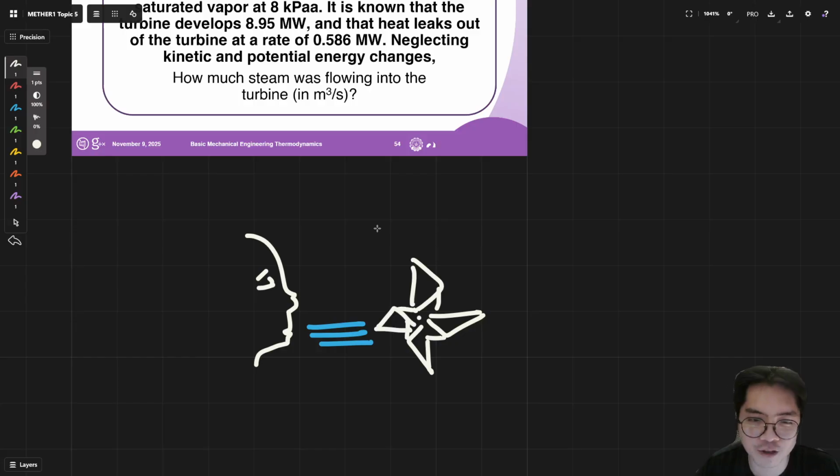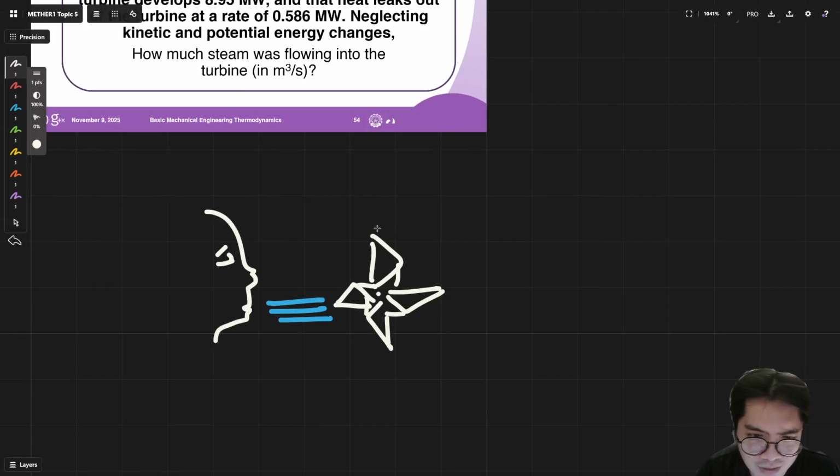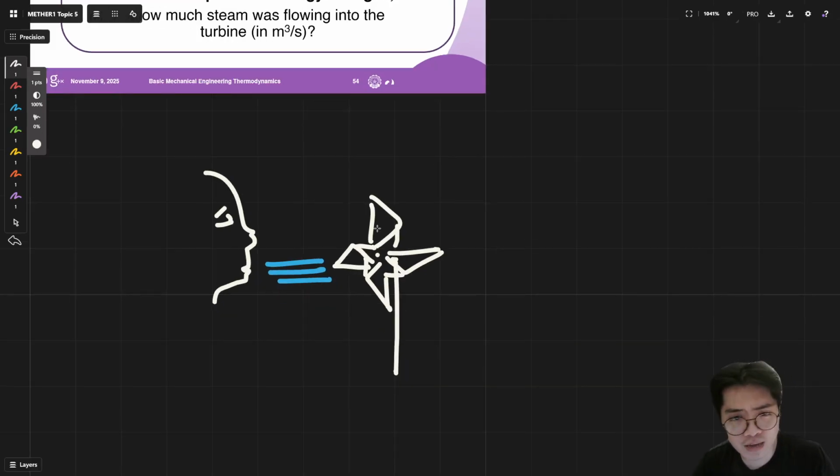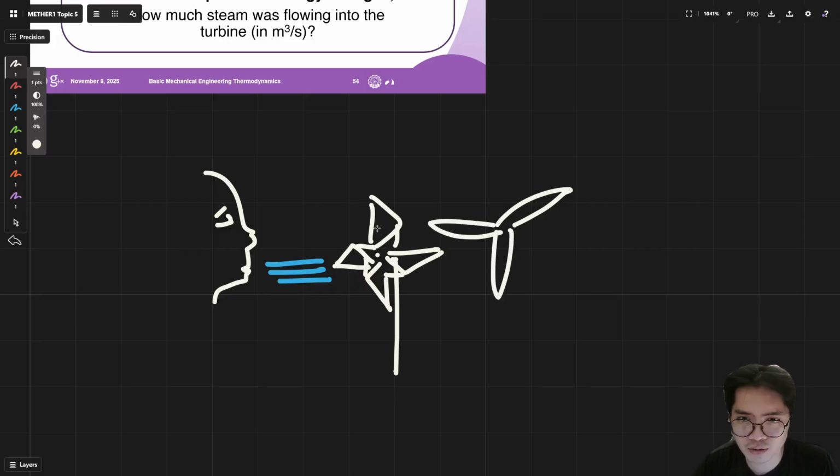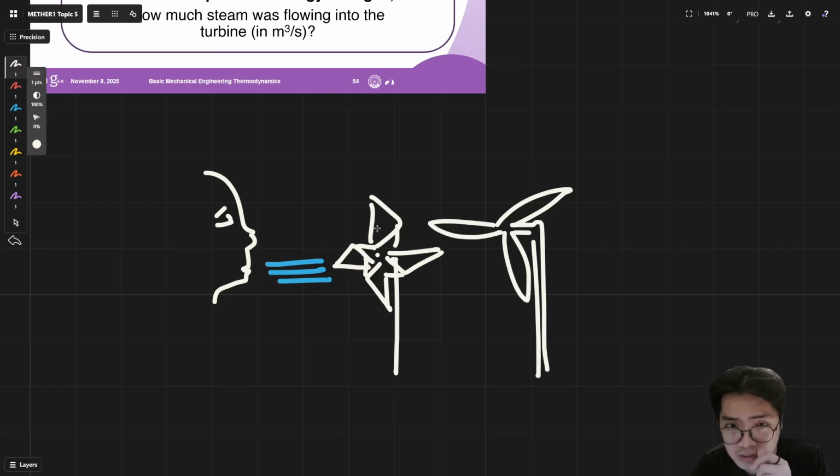Sorry, I had a tough time trying to draw this windmill. So this windmill right here, the ones that you make out of paper, right? They operate the same way as the gigantic wind turbines in, like, I don't know, in Ilocos maybe, right? And these things work the same way.